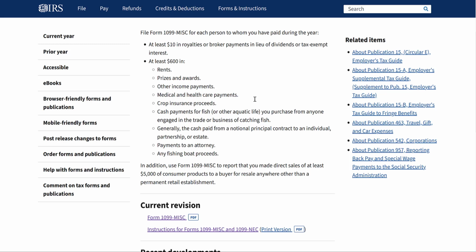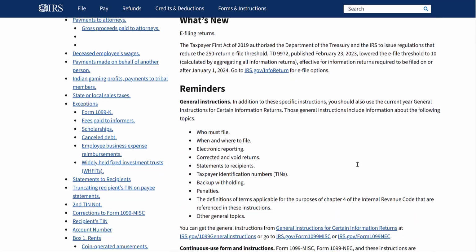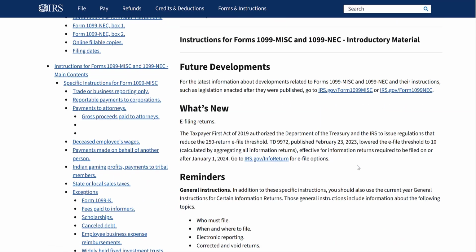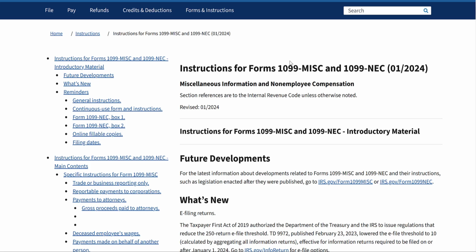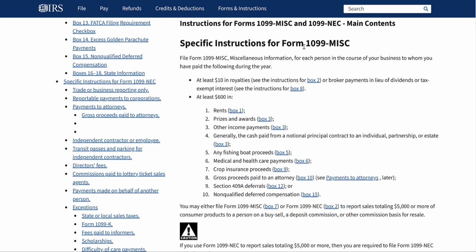Okay, so let's go through the actual instructions a little bit more in depth. I should mention, these are the instructions for Form 1099 Miscellaneous and 1099 NEC. So we're going to see both here. Specific instructions for Form 1099 Miscellaneous. So here are your dollar amount minimums, okay?